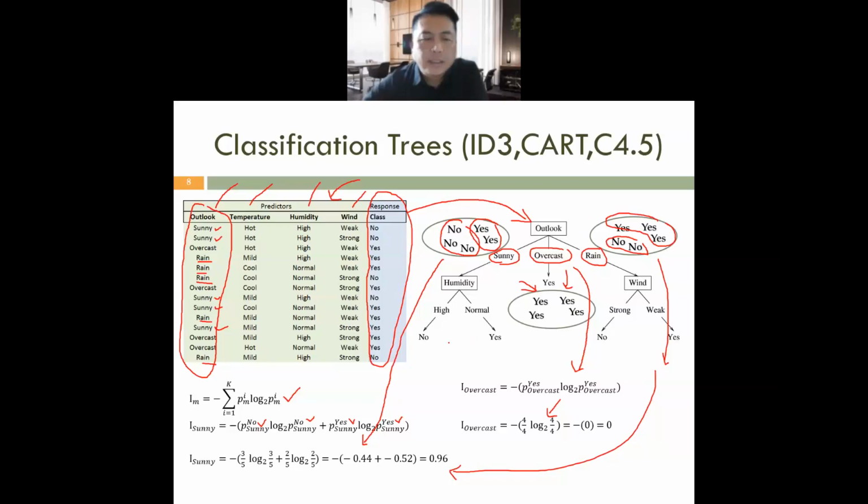So this is how we look at the table, and how we apply this decision tree to divide your data into partitions. Once we have the partition, we can compute the impurity of your data.